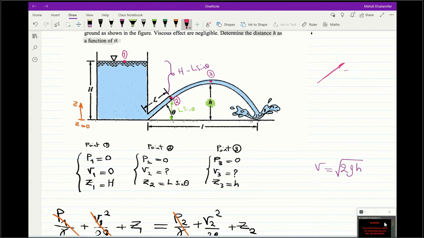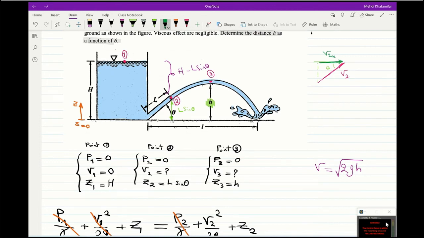Let's call it v2, and it is going to have this angle theta. The horizontal component of this velocity, I'm going to call it v2x.